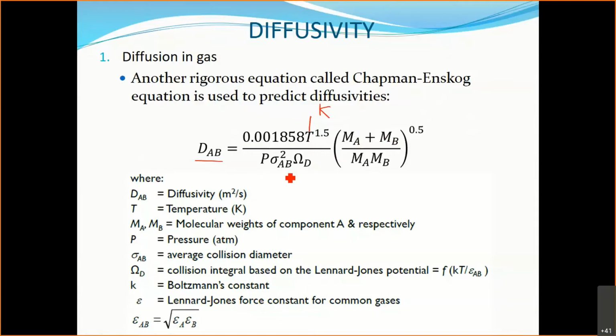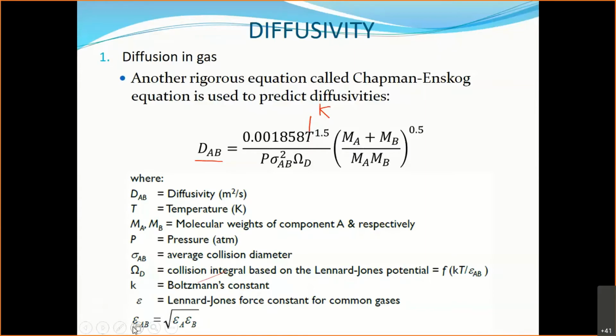Then sigma AB squared is the average collision diameter, and omega D is your collision integral based on the Lennard-Jones potential. K is your Boltzmann constant, and sigma and phi are your Lennard-Jones force constants.